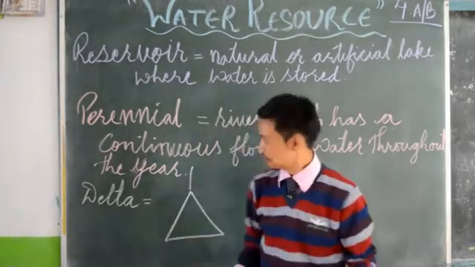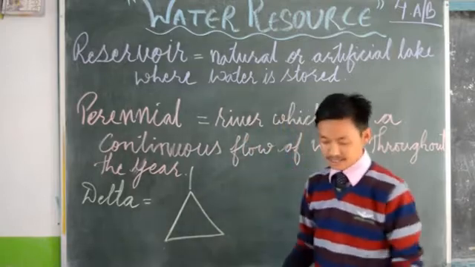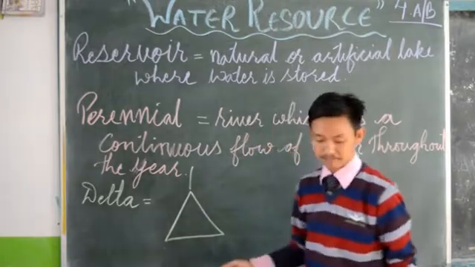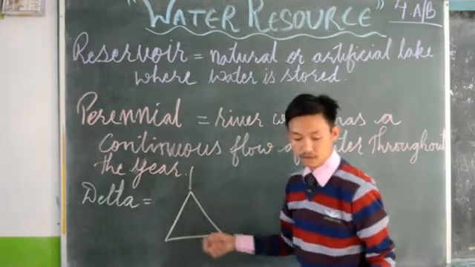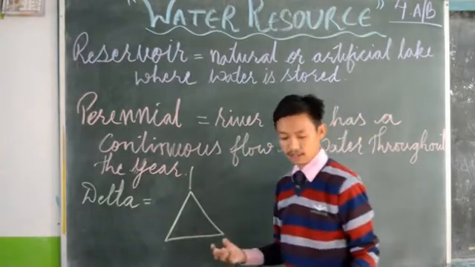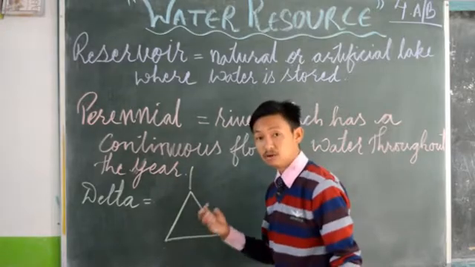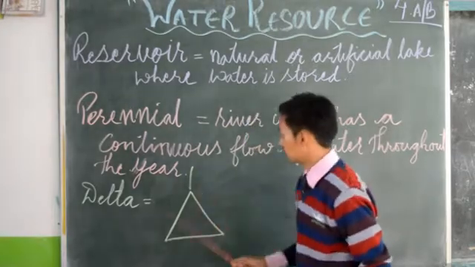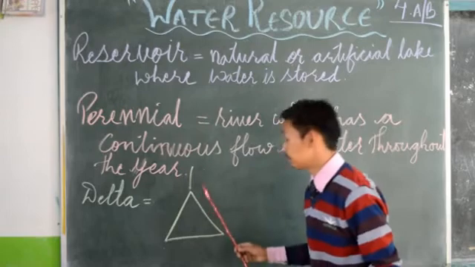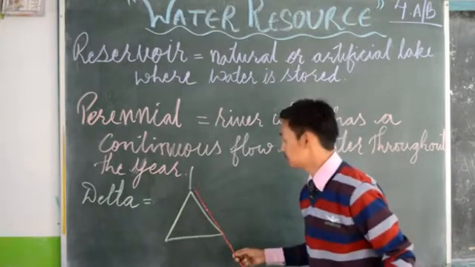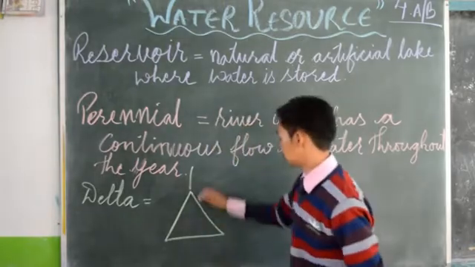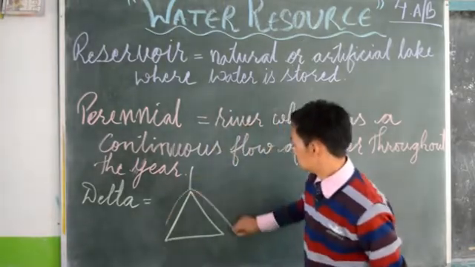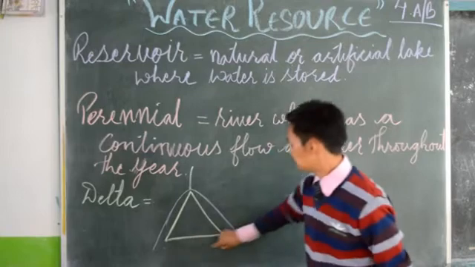What is a delta? Let's see. Deltas are triangular-shaped landforms of alluvial soil formed at the mouth of a river. That means when the river is about to get into the sea or the ocean, the river separates into two or more parts.